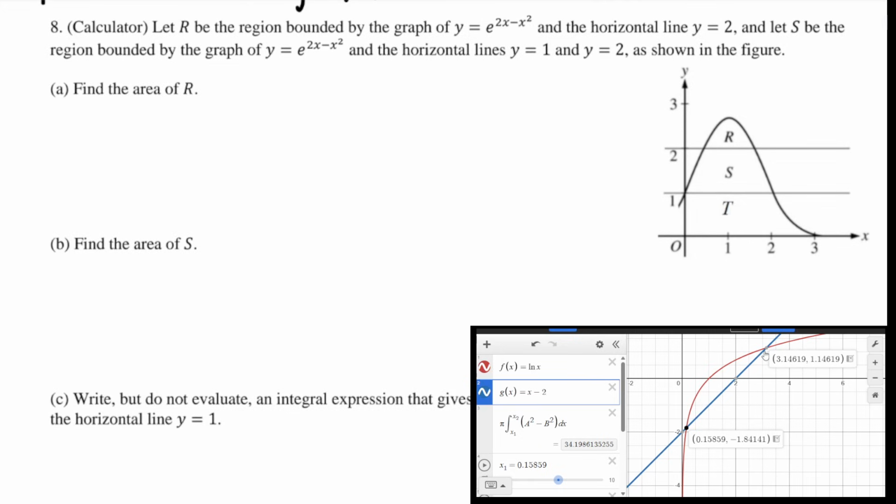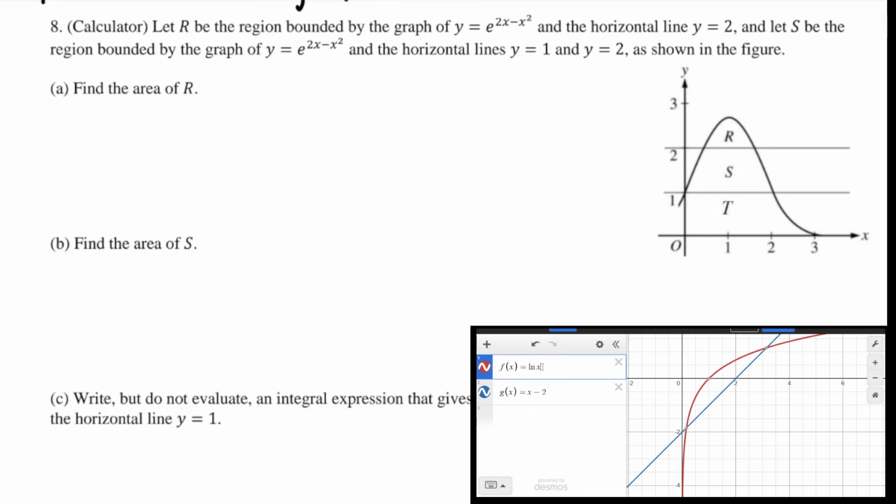Okay, we've got R, S, and T. Okay, I think the original problem just had R and S, but then I added on T for some more excitement. So f of x, looks like that's going to be the one on top, e to the 2x minus x squared. And if it's being weird with you about the exponent, you just use parentheses. Okay, that will work.